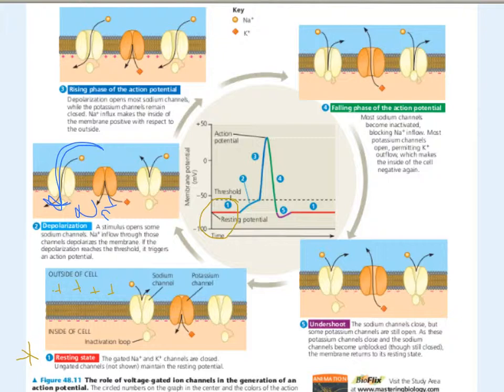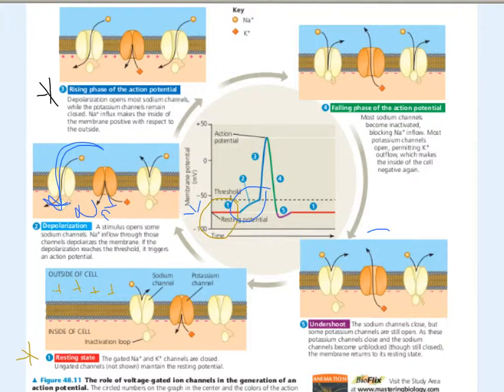If we look at our original chart, notice how we're in the negative when we start off. As the sodium comes in right here, we're starting to get more positive, right? As more sodium comes in, then we're going to move to the next stage, which is up here, stage 3.